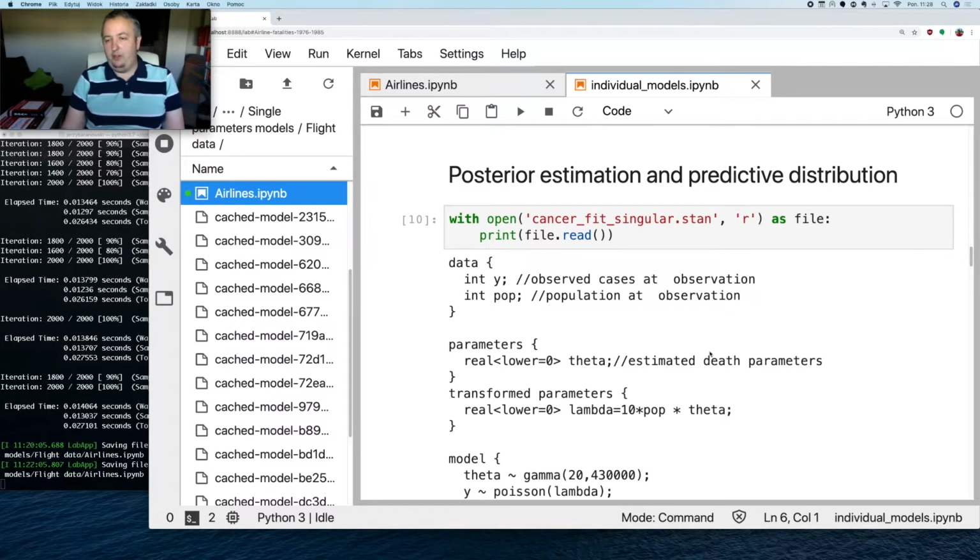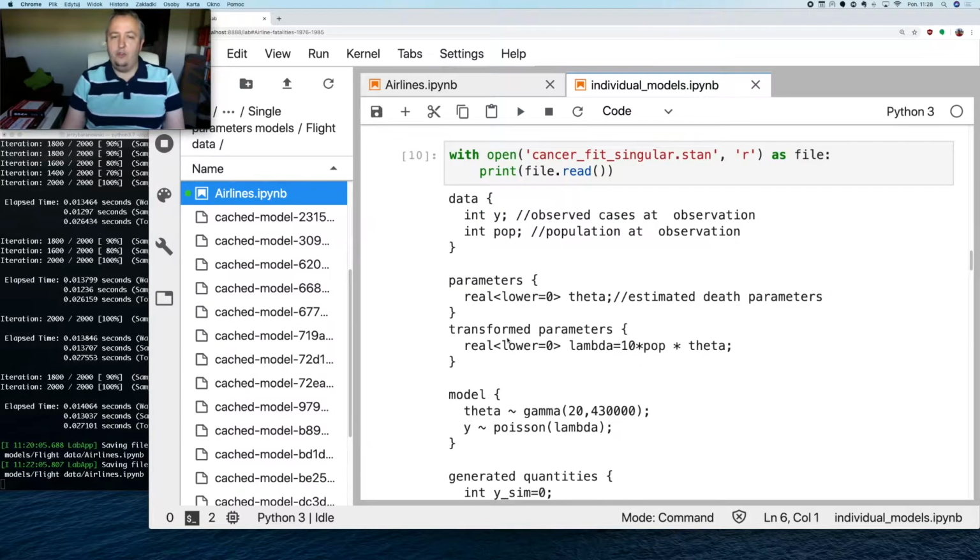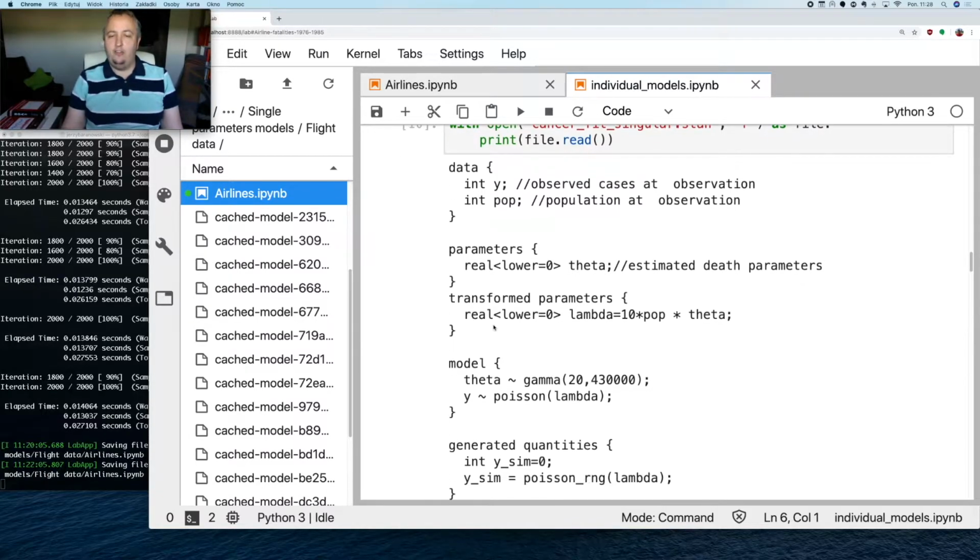We want to estimate our death parameters, and we are using a transformed parameter block because previously we just assigned theta times time exposure, our exposure times intensity, directly to the Poisson distribution. In our case here, we will save the parameters of lambda separately.